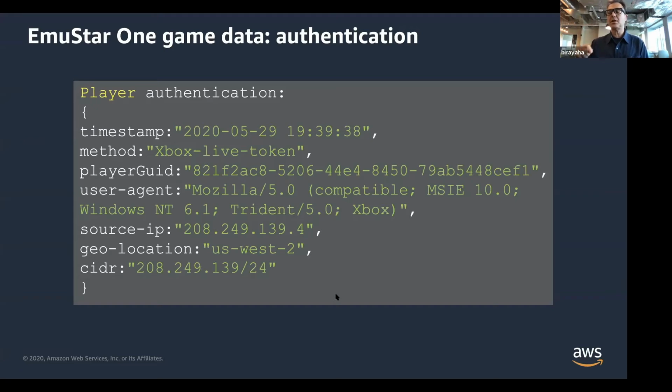It means that it logged in through the Xbox authentication service, even if you offer other players to log in from other places to the same game. This is the player GUID, the user agent, which in this case is an Xbox device. This was the source IP and the CIDR, and the geolocation, the geographic location of the players.